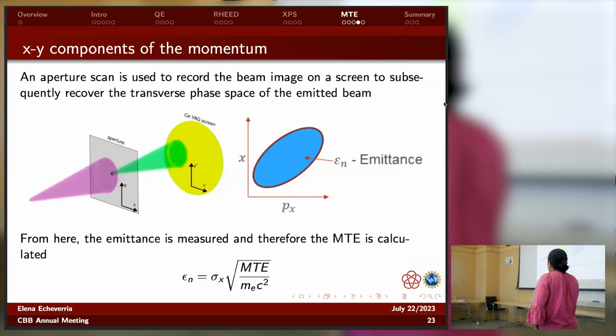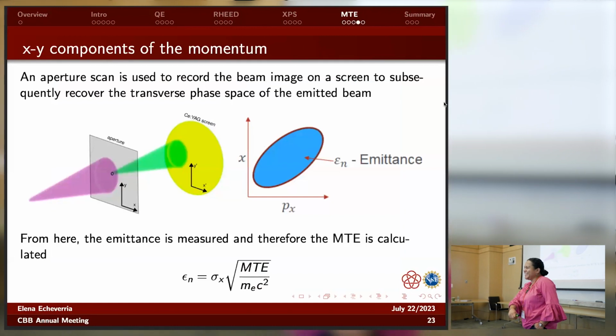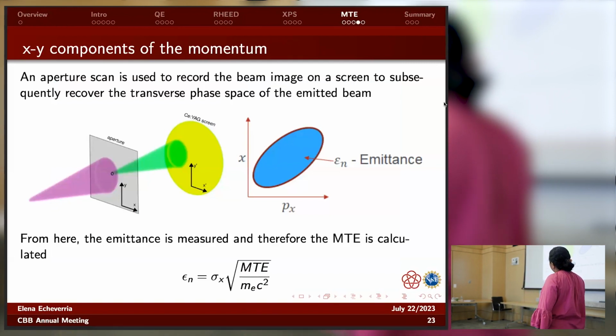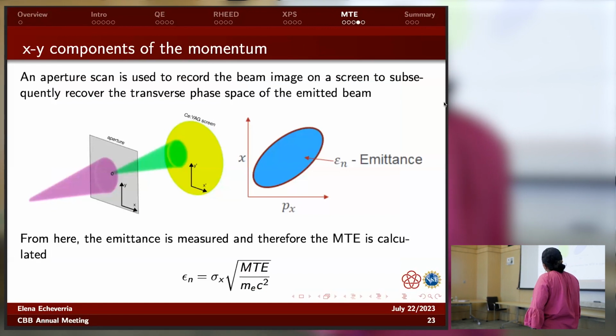How do we measure the MTE? Well, we actually don't measure MTE directly. What we do is first we have to generate the beam. This is the beam generated from the photocathode that we want to study. We make that beam pass through this aperture, and then a new beam will be created.